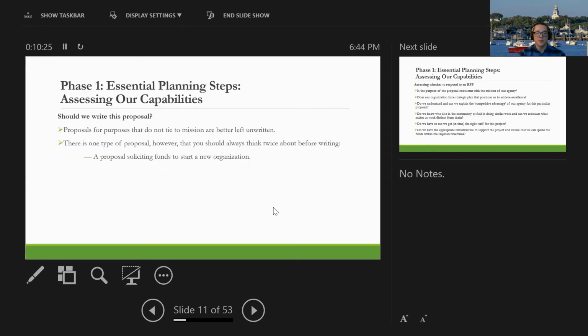There's one type of proposal that the author of the resource material does claim that you should always think twice about writing, and that is for starting a new organization. I wouldn't go absolute in that comment. Seed funding can be hard to get through a grant. It's not impossible.